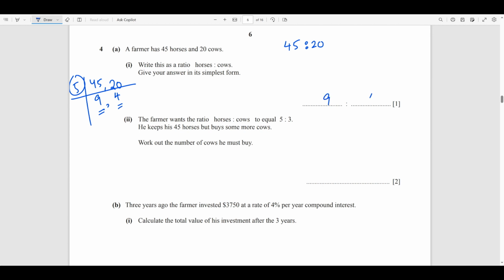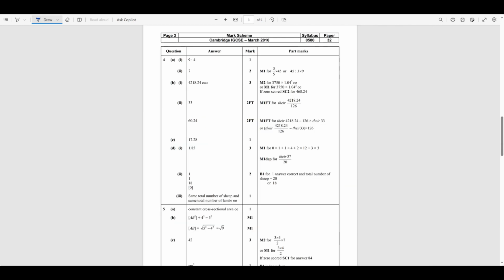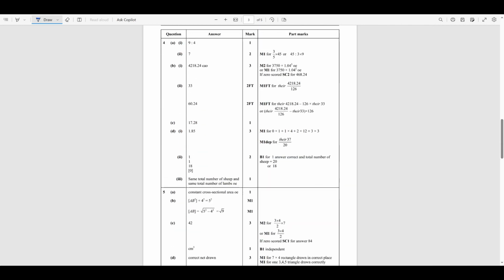So it's going to be 9 is to 4, right? Question 4, the answer, 9 is to 4. Yeah, we're right.